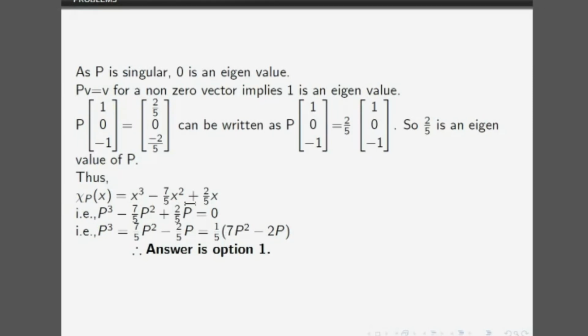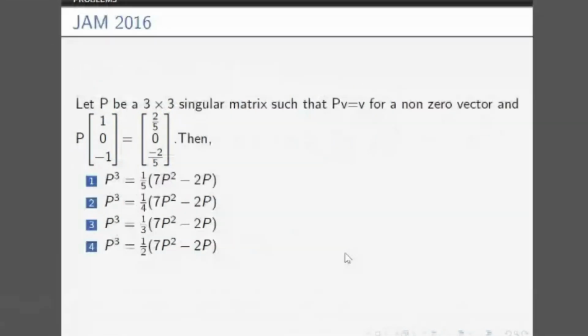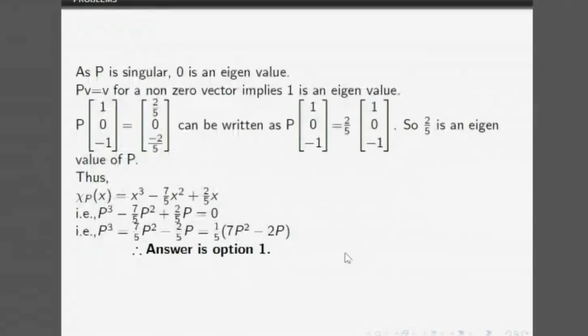Since it is singular, determinant will be 0. So we don't have a constant term there. And upon substituting P using the Cayley-Hamilton theorem, we get it as 1 by 5 (7P square minus 2P). That's all. So the person who answered it, very good.